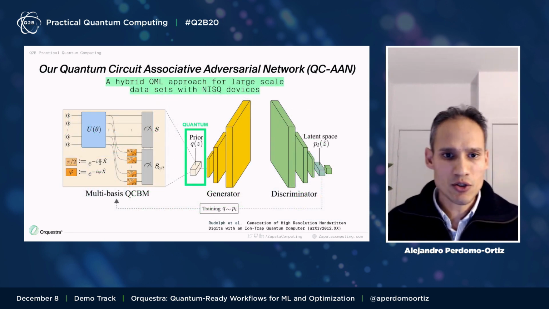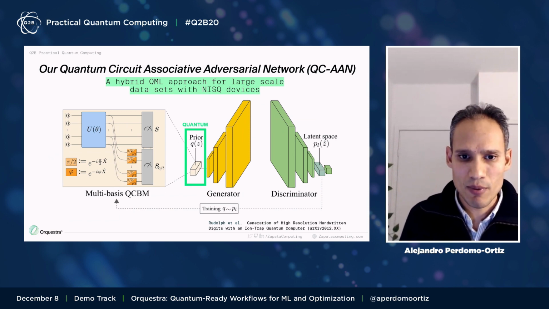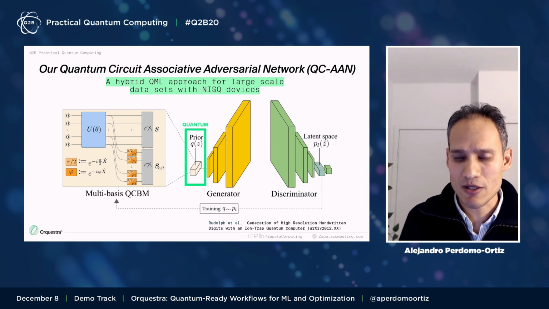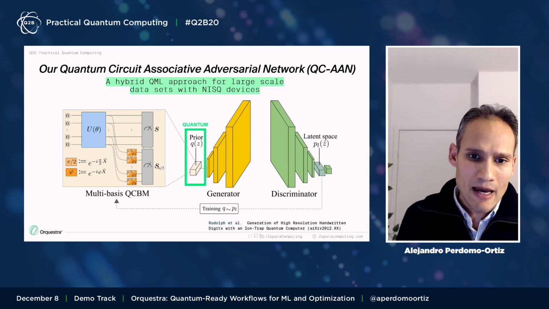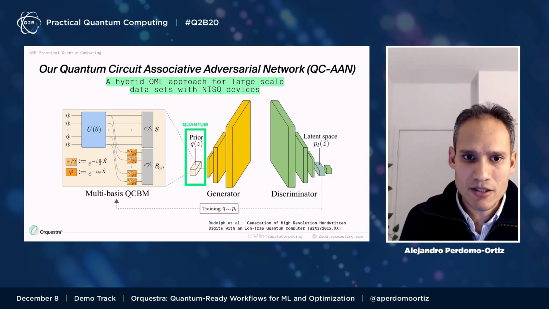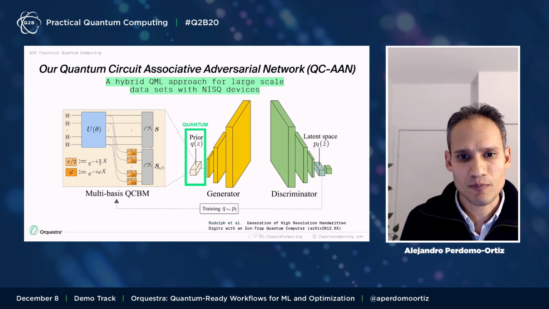Now, in the work that we published recently on the arXiv, we proposed a new framework called the Quantum Circuit Associative Adversarial Network, or QC-AAN. In a nutshell, it is a hybrid quantum machine learning approach for large-scale data sets with NISQ devices.